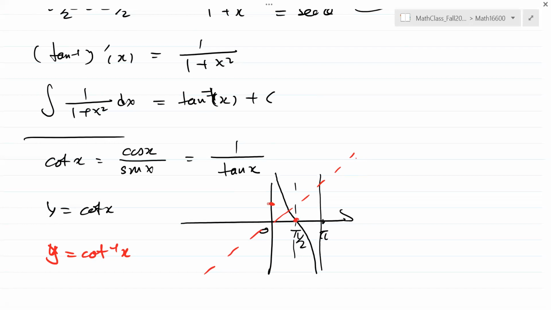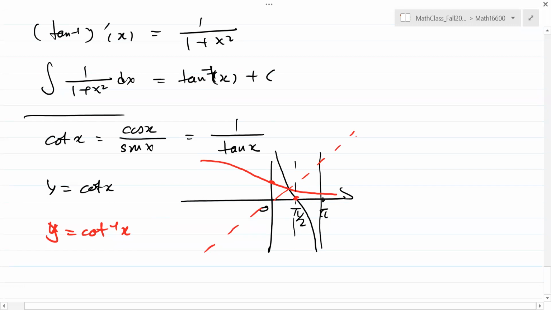It's difficult to draw it. Okay, so the domain goes like this. So x is between negative infinity and infinity, but the y variable for the inverse will be between 0 and pi.